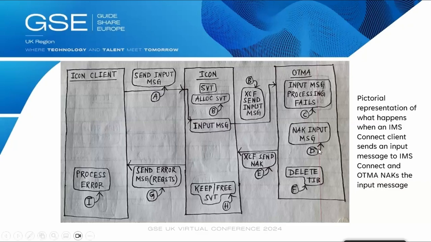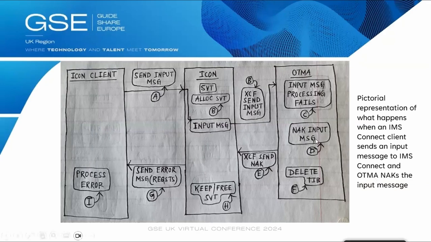Now moving on to D, OTMA will NAK the input message with a sense code. That sense code field is called TMAMCSNC in the OTMA header, and also a reason code, that is TMAMCRSC in the OTMA header.